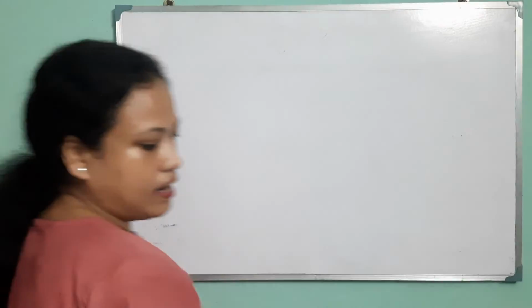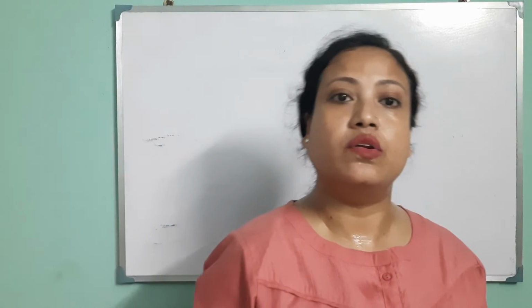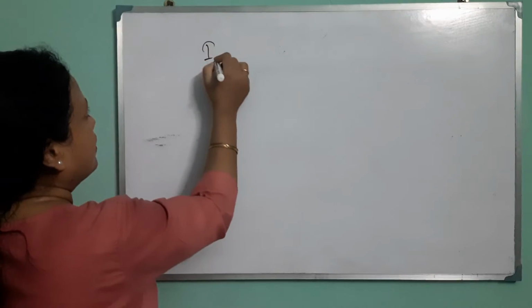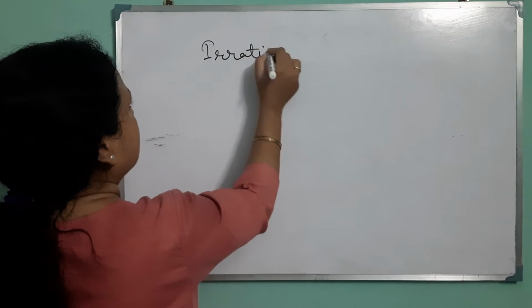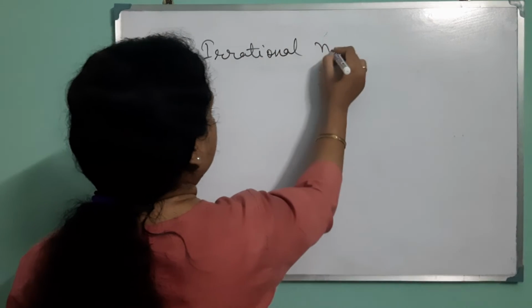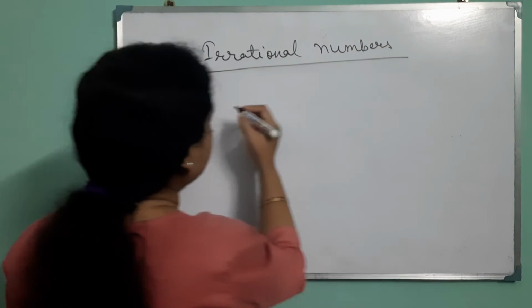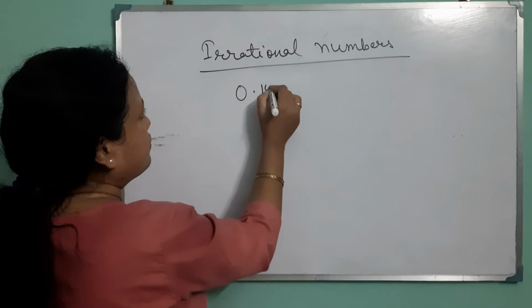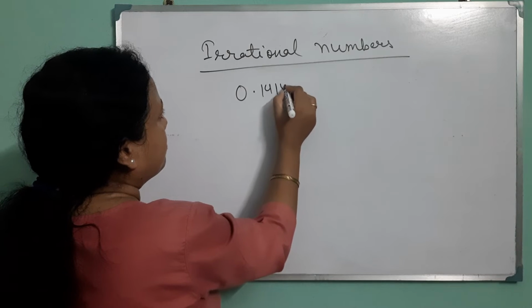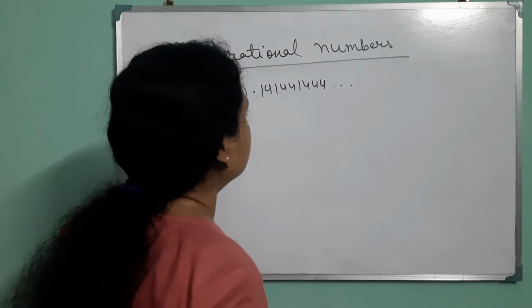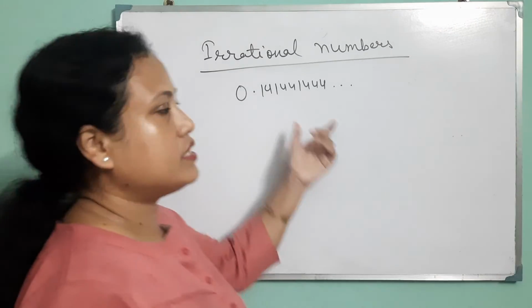Irrational numbers are non-terminating, non-repeating decimal expansion. Let us take one example for irrational numbers. Just like one example, 0.14, 144, 1444, and so on. So here you can see no digits are repeating.